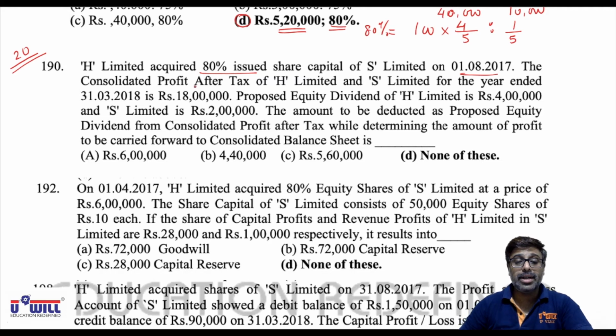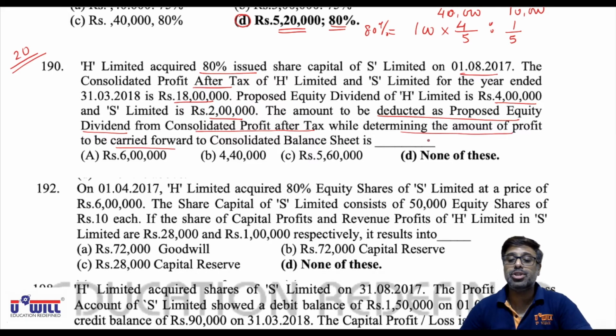The consolidated profit after tax of H Limited and S Limited for the year ended 31/3/18 is 18 lakhs. Proposed equity dividend of H Limited is 4 lakhs and S Limited is 2 lakhs. The amount to be deducted as proposed equity dividend from consolidated profit after tax while determining the amount of profit to be carried forward to consolidated balance sheet is.